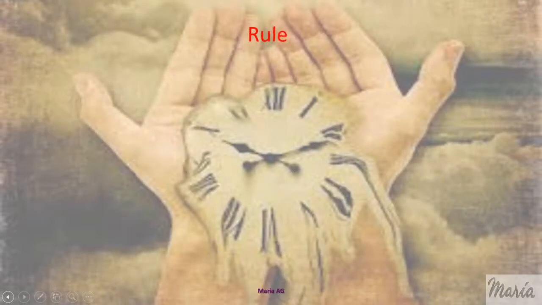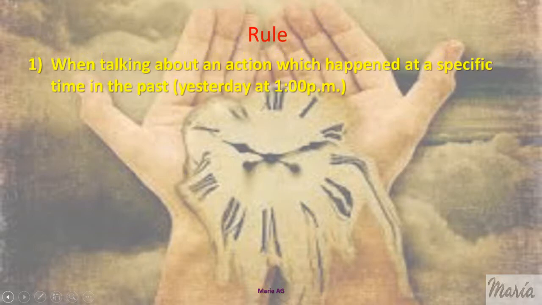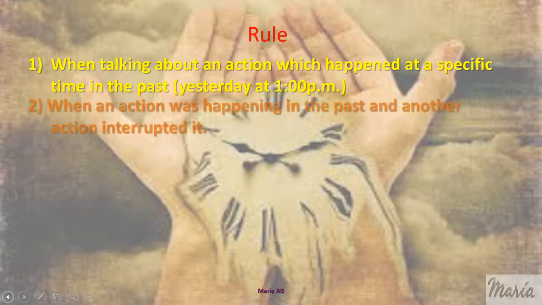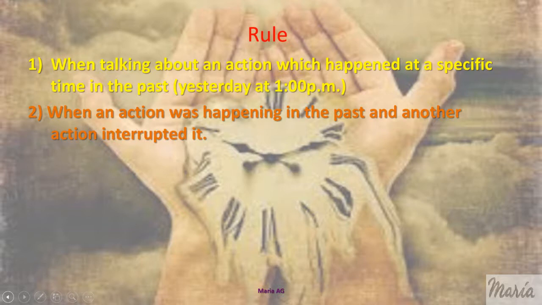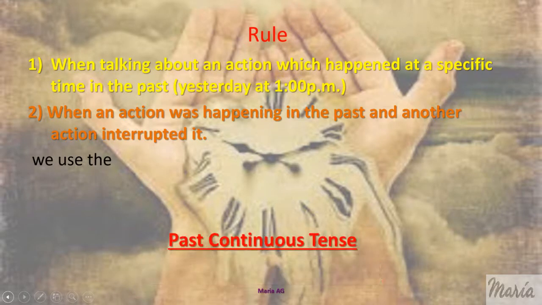The rule says, 1. When talking about an action which happened at a specific time in the past, yesterday at 1 p.m. 2. When an action was happening in the past and another action interrupted it. We use the past continuous tense.